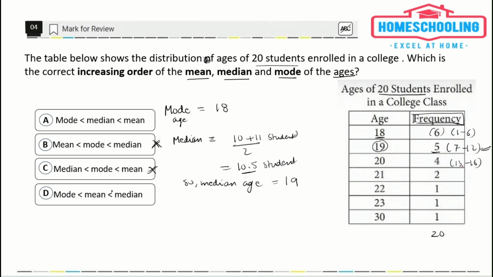Now we have to find the average, or mean, age.